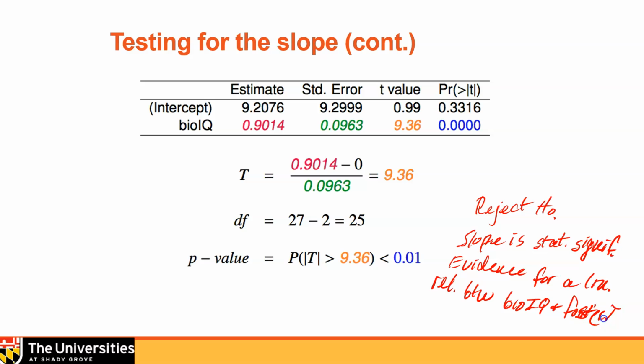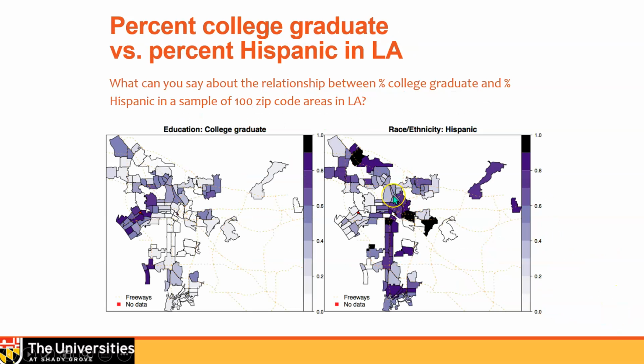So that's how we are doing inference with linear regression; our inference is relative to the slope.